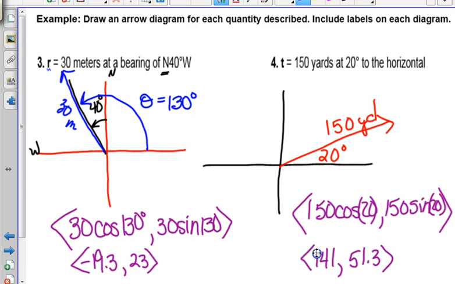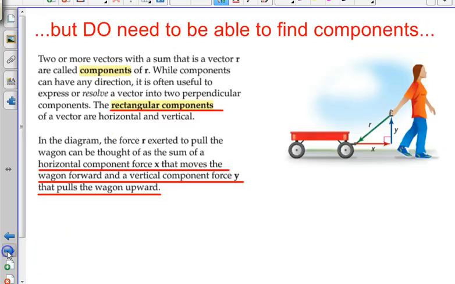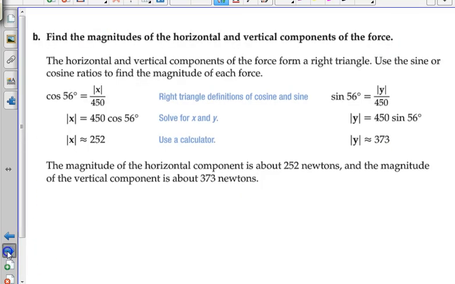Anybody know what I could do in theory to check that? In theory, this is pulling over a force of 141 and up a force of 51.3, or a distance. So if we did the Pythagorean theorem, it should come out about 150 there, depending how we rounded. All right.